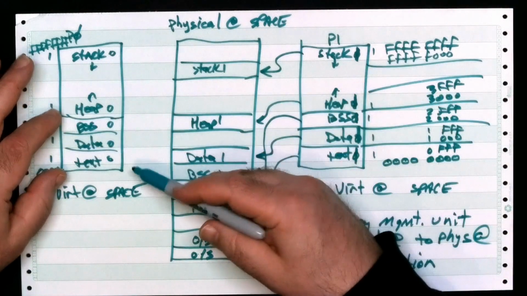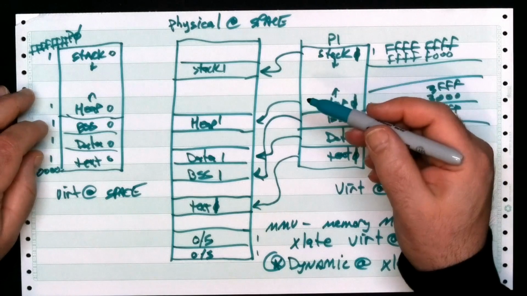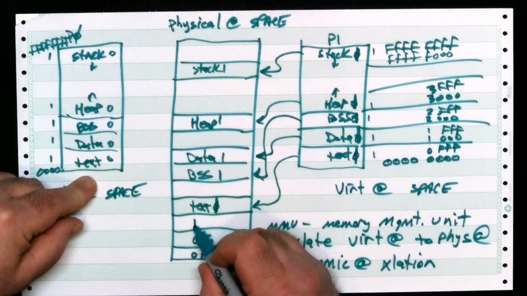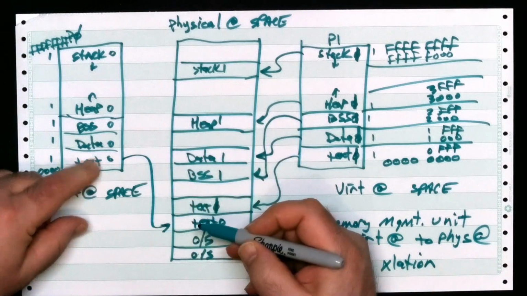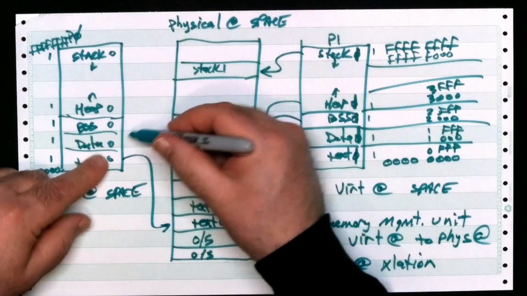This process over here, where does all of its parts go? Well, maybe its text 0 goes down here. Maybe its data 0 goes right here.